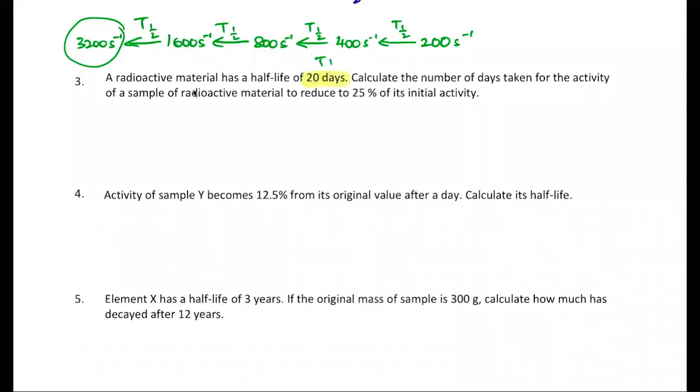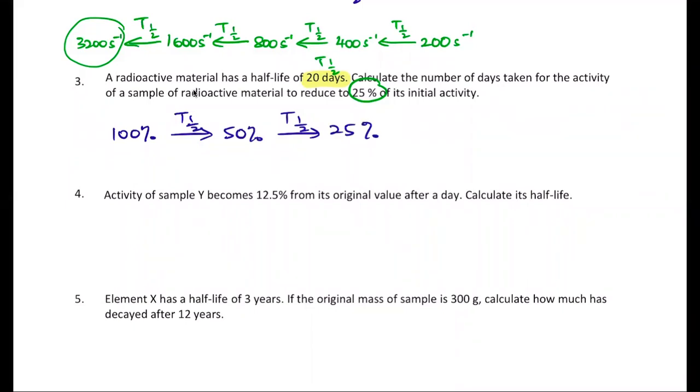Okay, so we have the half-life is 20 days. 25%. So again, we start from 100%, one half-life, then it will be reduced to half, another half-life, then it will be reduced to half. So we stop at 25%.